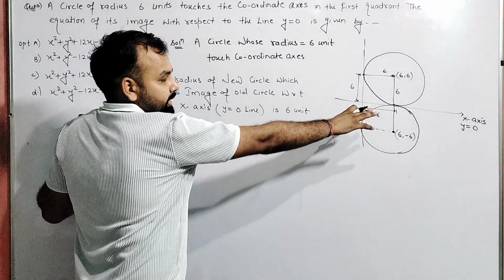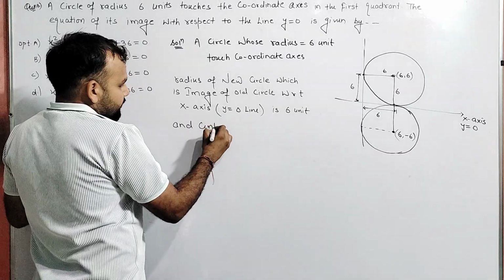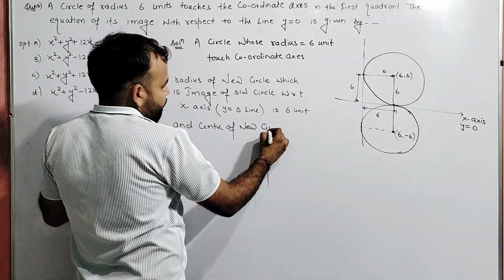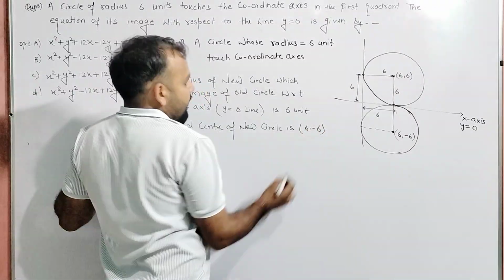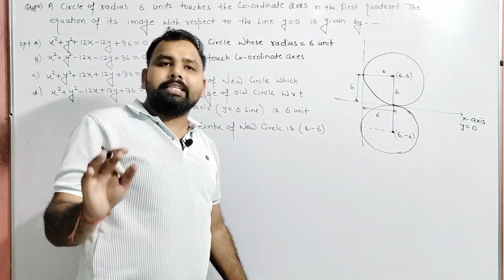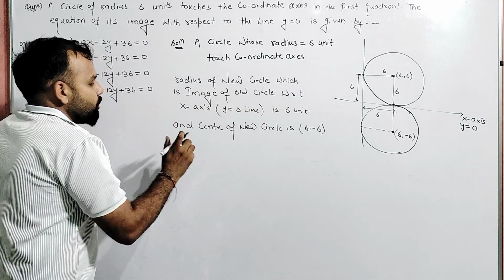You can say by the graph. And the center of the new circle is (6, minus 6). And we know very well, if you know the center and radius of any circle, we can easily find the equation of the circle.